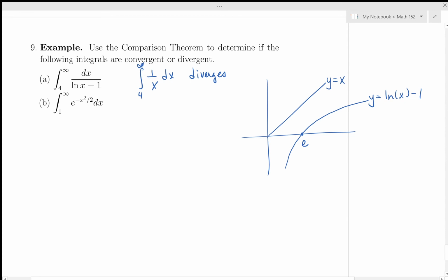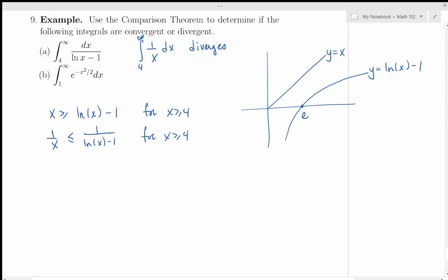Okay, so how am I going to do this? This is how I'm going to be thinking. x is greater than or equal to log x minus 1 for x greater than or equal to 4. That means that 1 over x is less than or equal to 1 over log x minus 1 for x greater than or equal to 4.